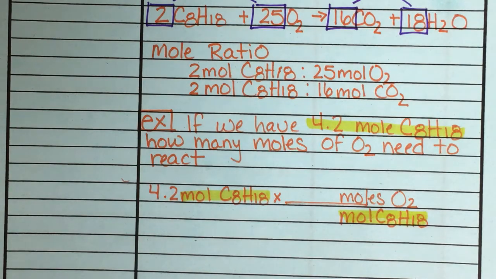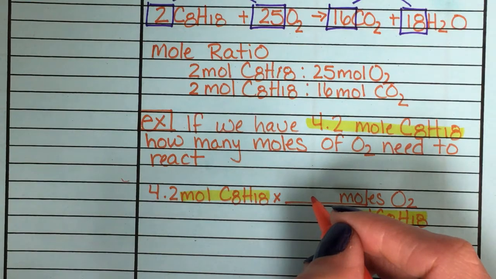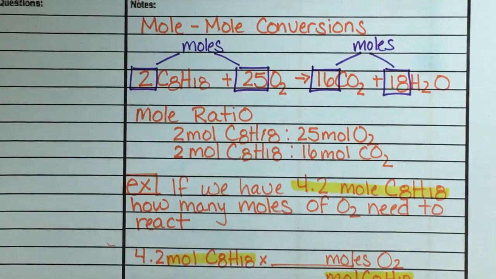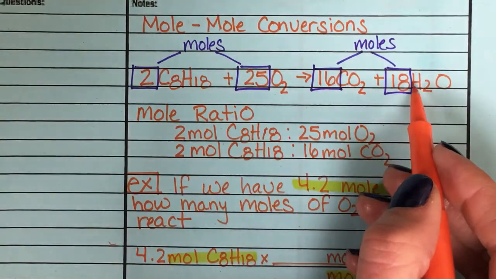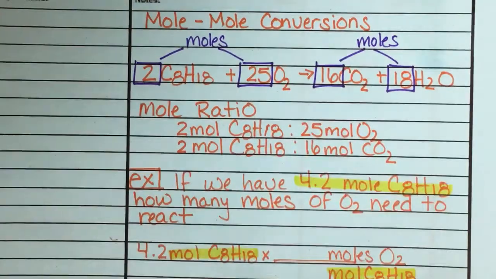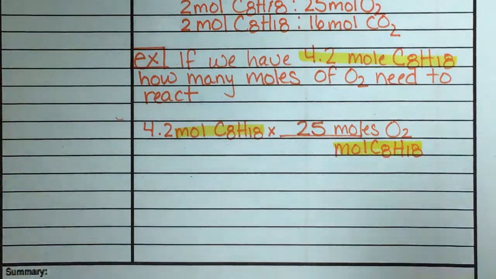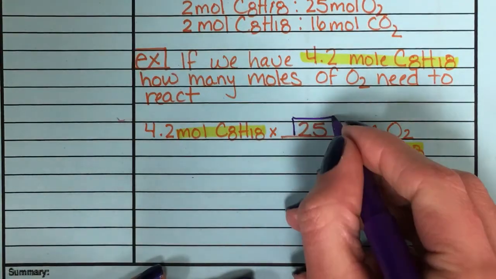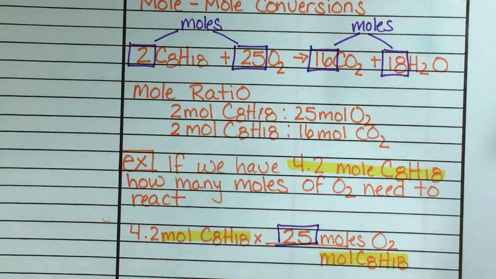Now, anytime I'm changing from one element or compound to a completely different element or compound, I get this information from my recipe. So I look at my balanced chemical equation and I look at the numbers in front. So the number in front of O2 is 25. So I put the 25 here. And I'm going to go ahead and just put it in a purple box, since it was in a purple box up here, just so that I remember where it came from.